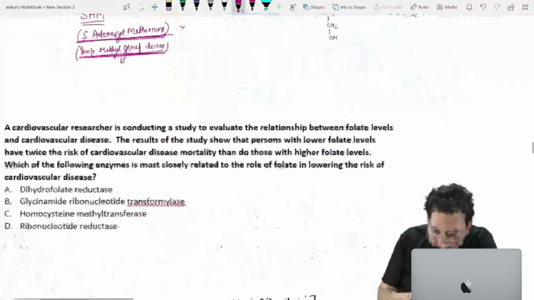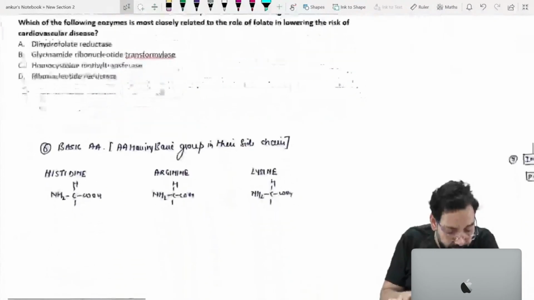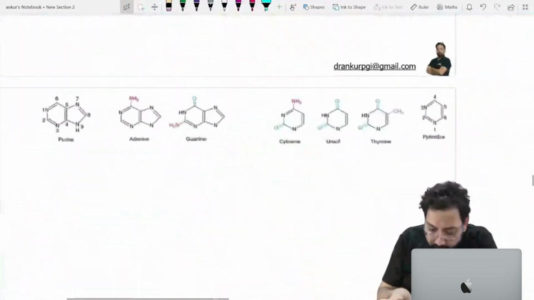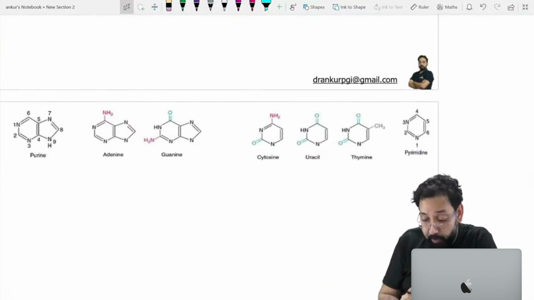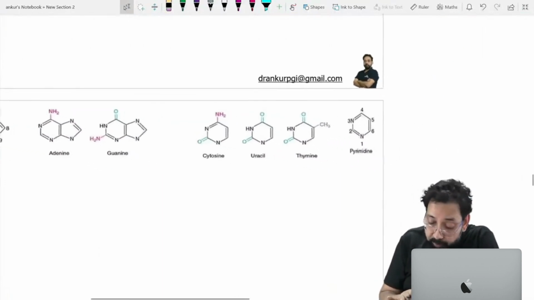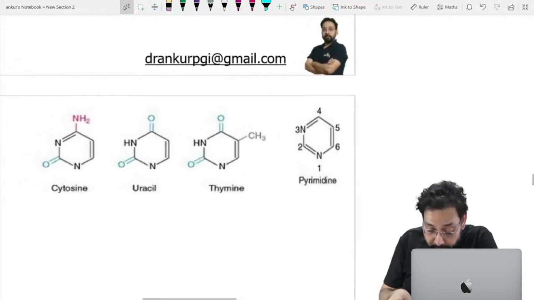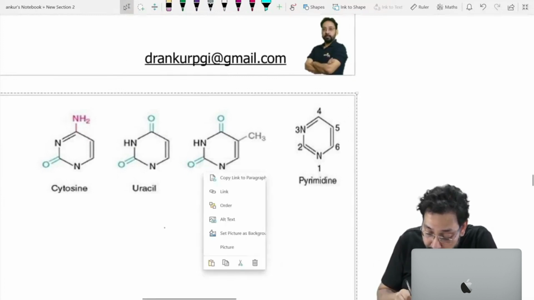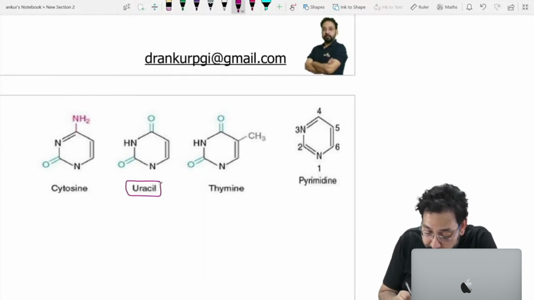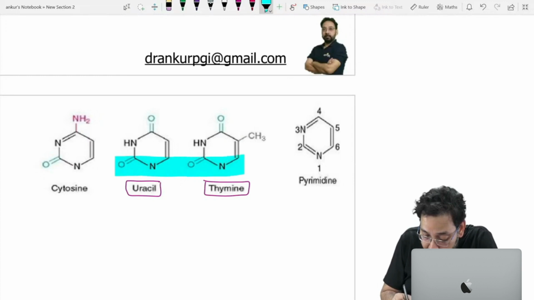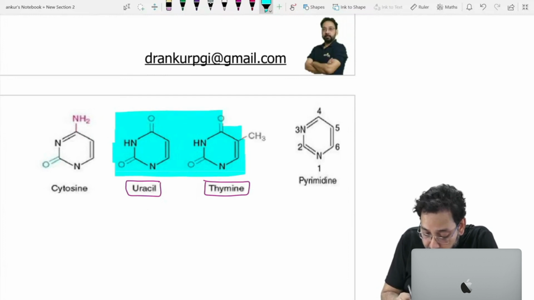Before solving this question, I would like to give you the real concept. What is the real concept? You must know. Yes, don't turn pages. I will discuss it in detail, because 3 questions from these structures were asked indirectly recently in INICET. Look at the screen. This is uracil, this is thymine. In these structures this portion is common.